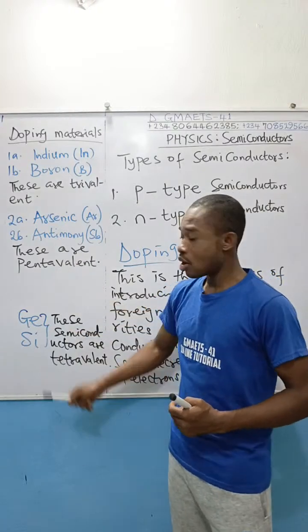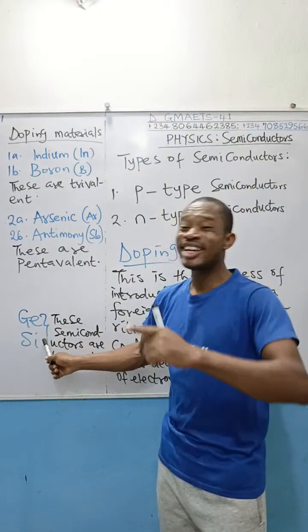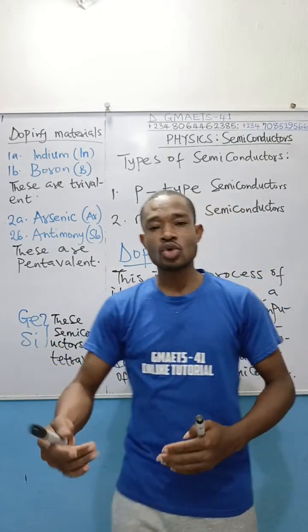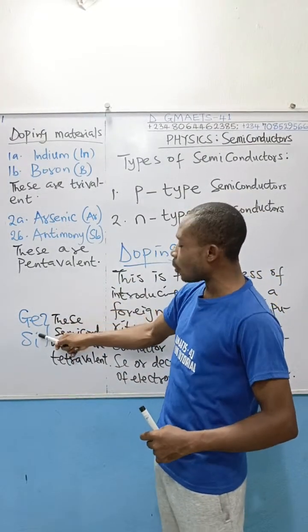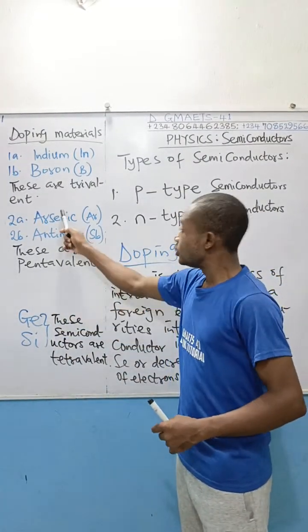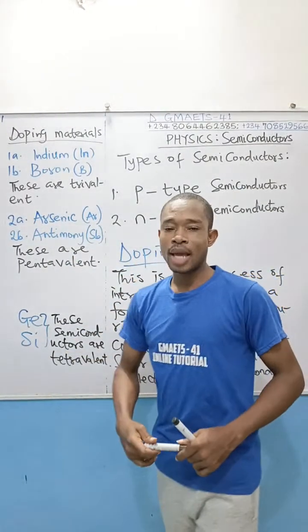The result is more free electrons in the semiconductor, which are negative compared to the holes. And because you have more negative in the case of doping with pentavalent arsenic and antimony, this leads to the formation of N-type semiconductors.